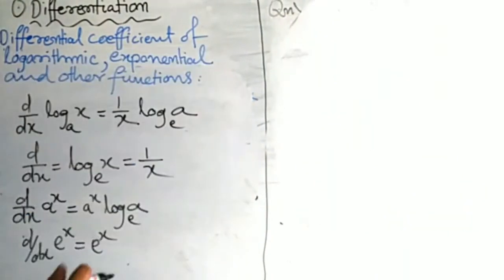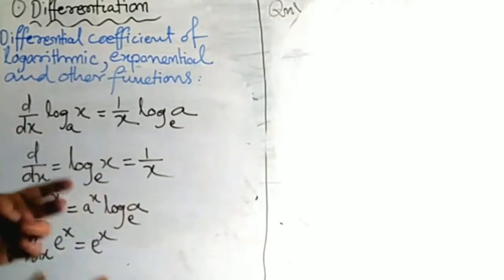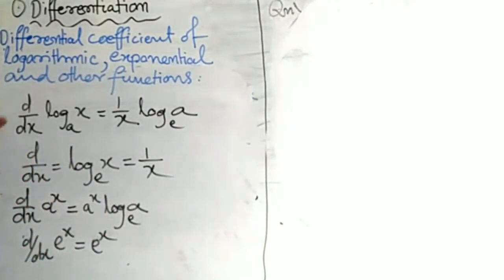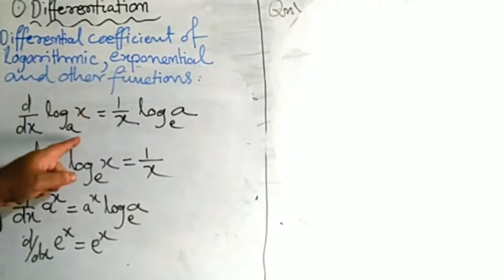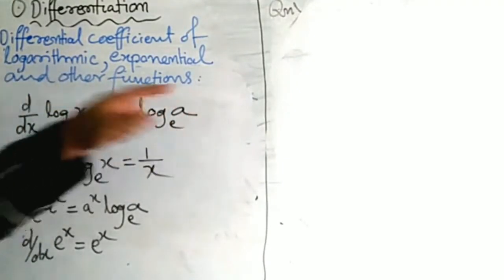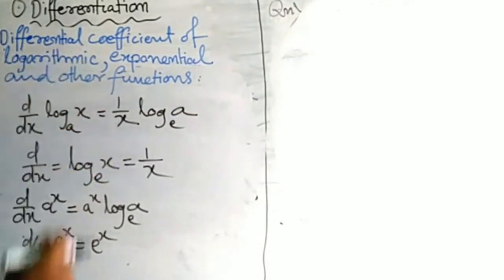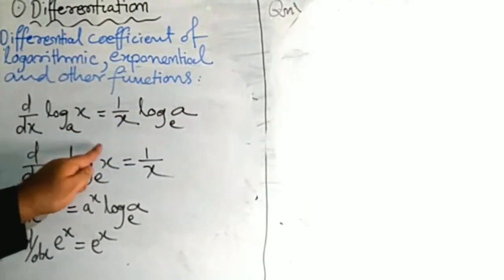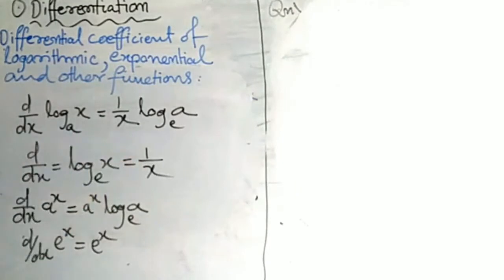So clear? Now differential coefficient of logarithmic, exponential and other functions. Again we have to remember some things. Differentiation of log x base a with respect to x is 1 by x log a. So d by dx of log x base a is 1 by x log a. d by dx of log x base e is 1 by x.